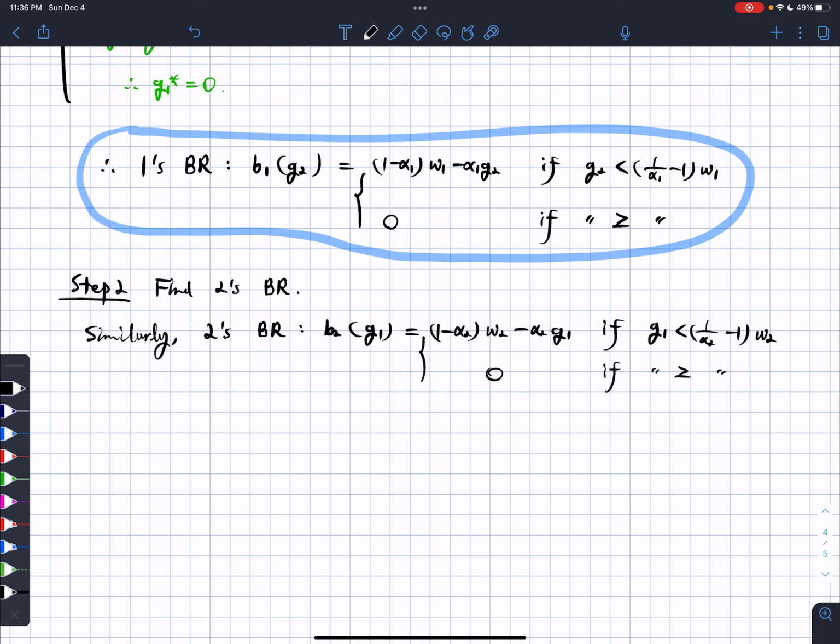Step 3: now let's identify Nash equilibria. How do you identify the Nash equilibrium? By putting these two best responses in the same space and finding their intersections, right? For that, things are a bit tricky, so let me try to be a bit slow about it.